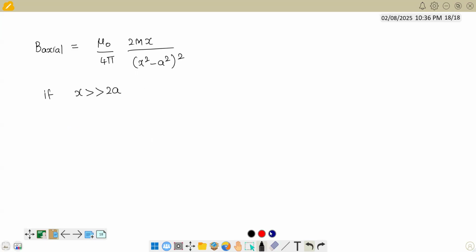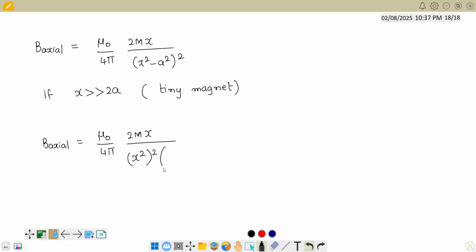In this situation, the magnet can be called a tiny magnet. So when we are dealing with tiny magnets or small magnets, this formula can be modified. How this formula gets modified is mu naught by 4 pi 2Mx divided by, I can take x square common, x square whole square would come out, 1 minus a square by x square whole square.